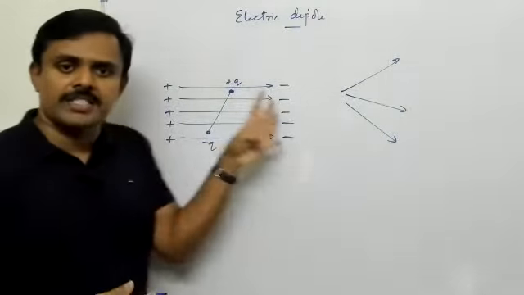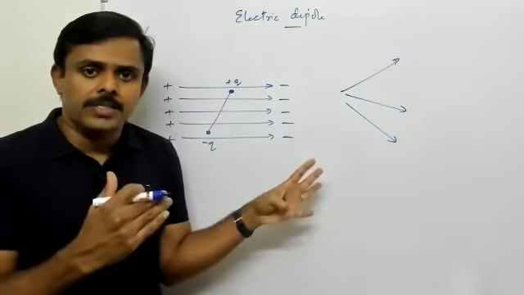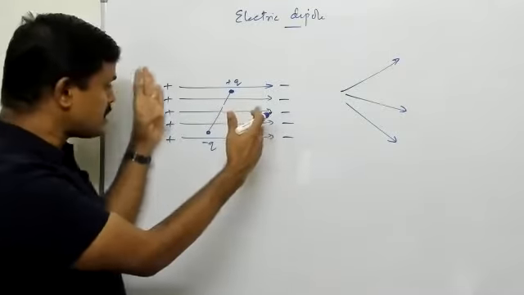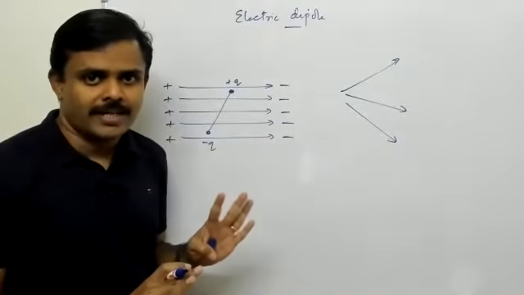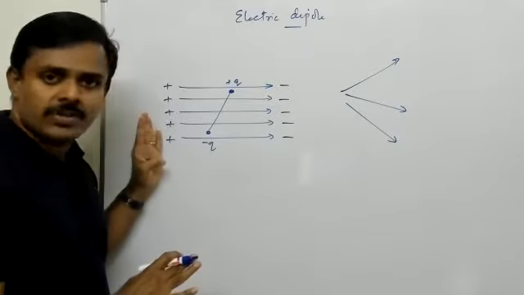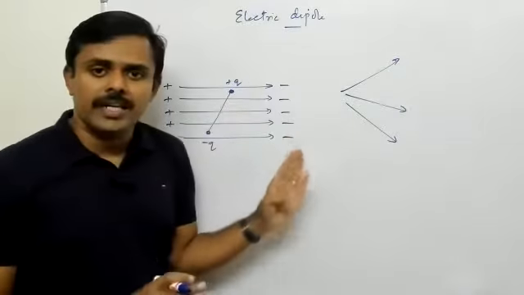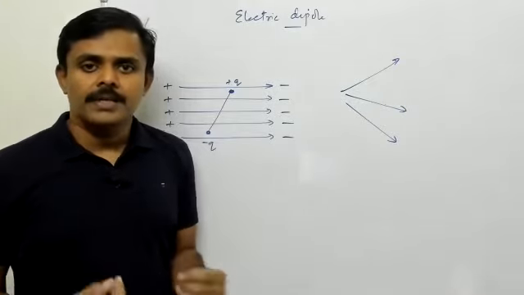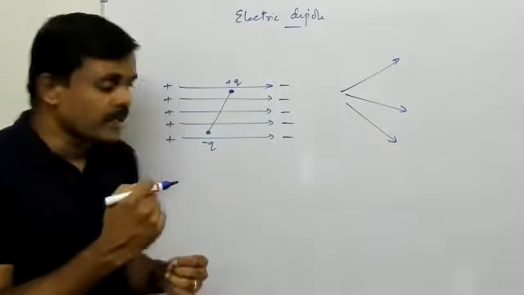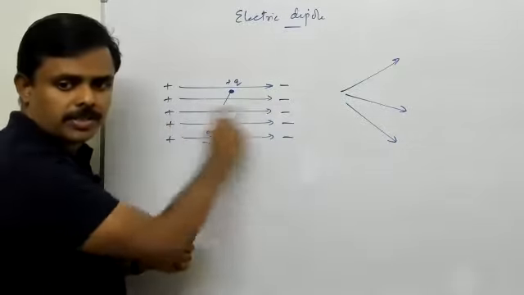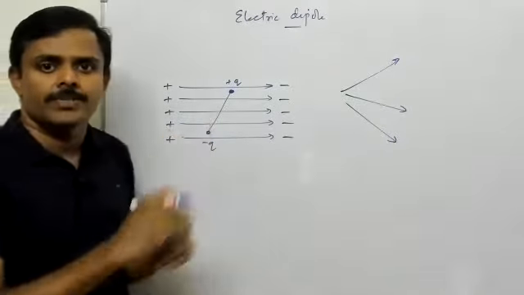The lines are towards the right. That clearly tells you that there is a plate situated over here, another invisible plate over here. So the positive is on the left side, negative is on the right side. How do we know? The lines are supposed to be going from positive to negative. All the lines have been drawn.